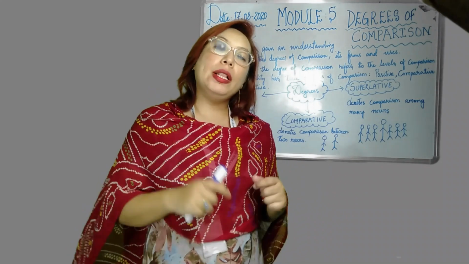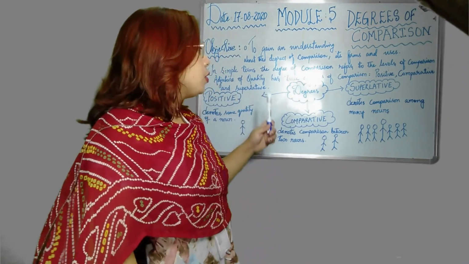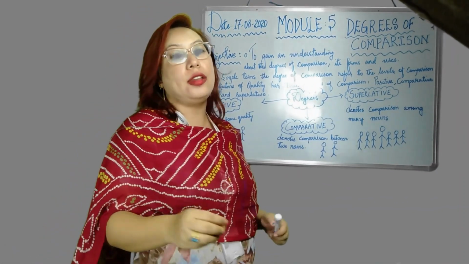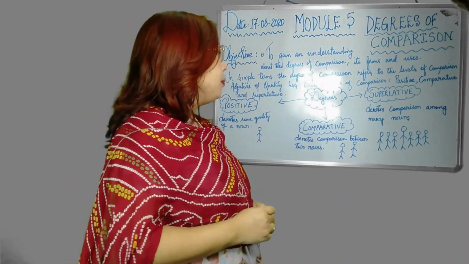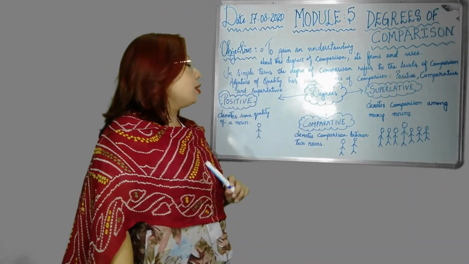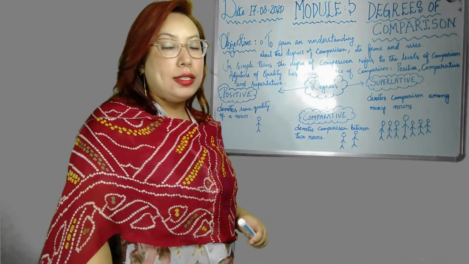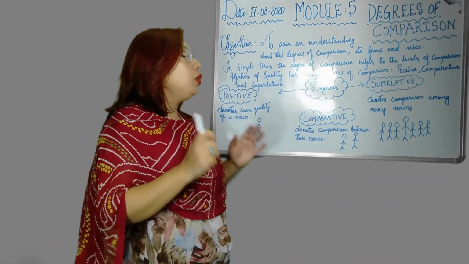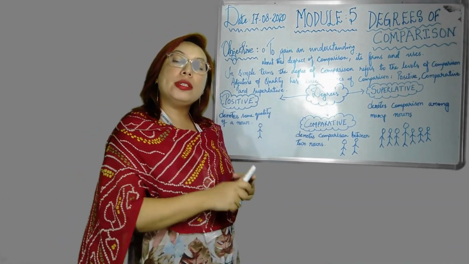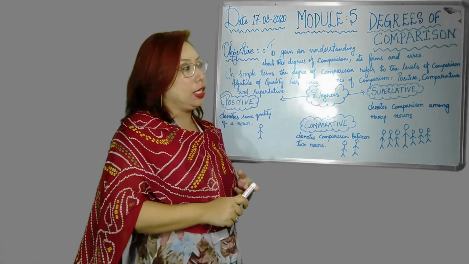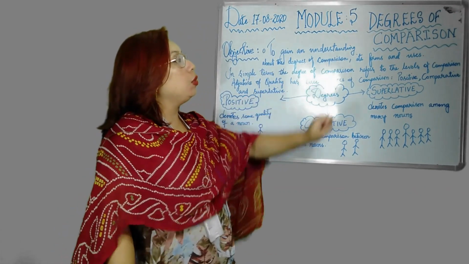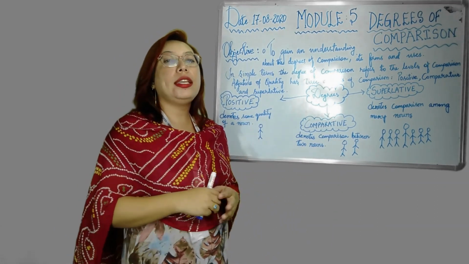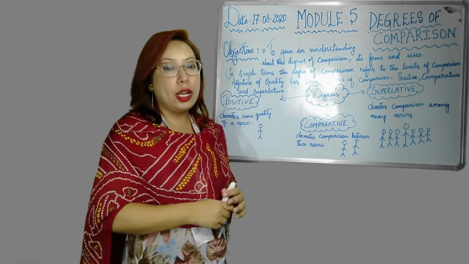Now let us understand what positive, comparative and superlative degrees are with the help of a few simple examples. I have tried to draw a simple diagram so that you will understand, okay, students? Now see here, the positive degree of comparison is that degree which denotes some quality of a person, place, animal or thing. As I've already told you, an adjective is a word that describes a noun or a pronoun, right?